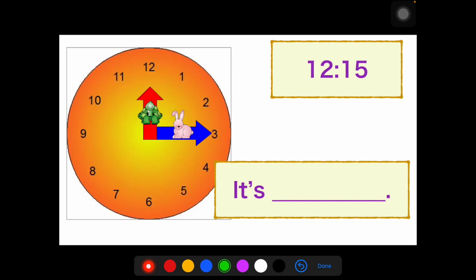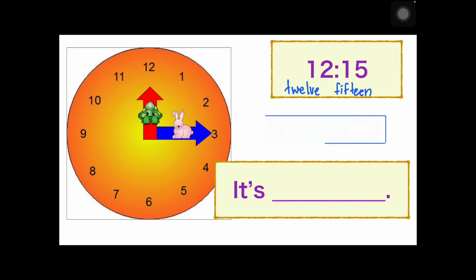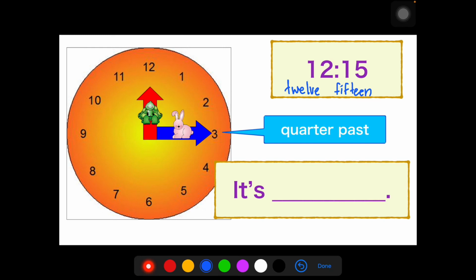Nice. Next one. What if it's pointed at number 3? Remember, number 3 is 15 minutes. So this one is 12:15. 12:15, right? In words, it could be like this. Again, if the long indicator is pointing at number 3, we use "a quarter past."